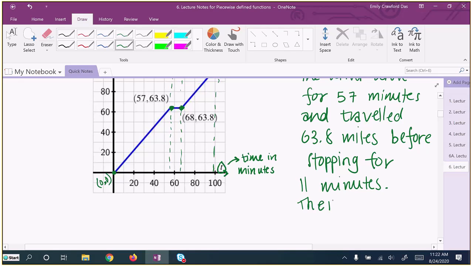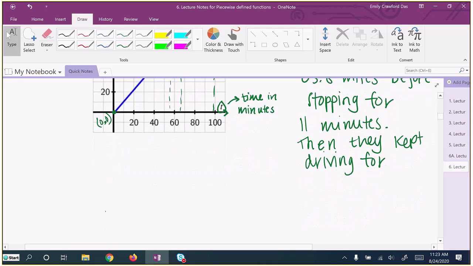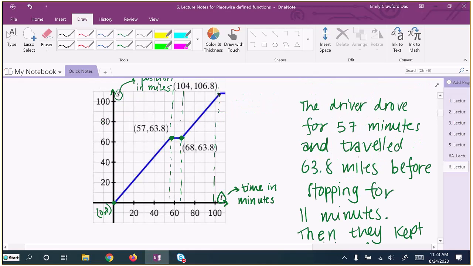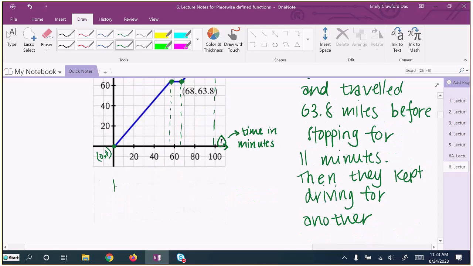Then they kept driving for another, how long? Well, let me go back up and see. It was from 68 minutes to 104 minutes. I'll do 104 minus 68, that's 36 minutes.